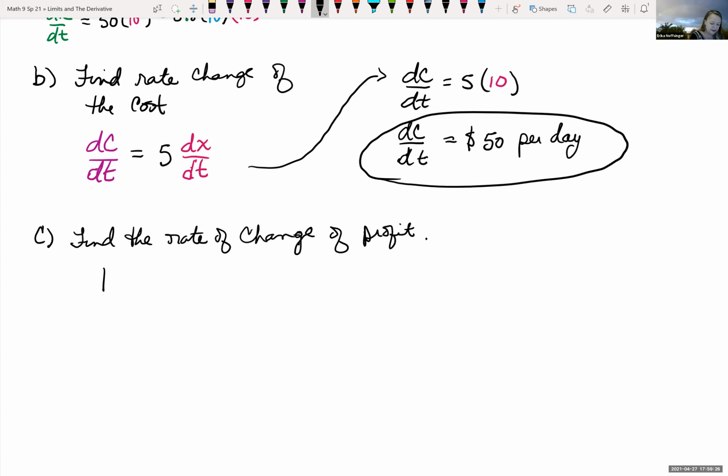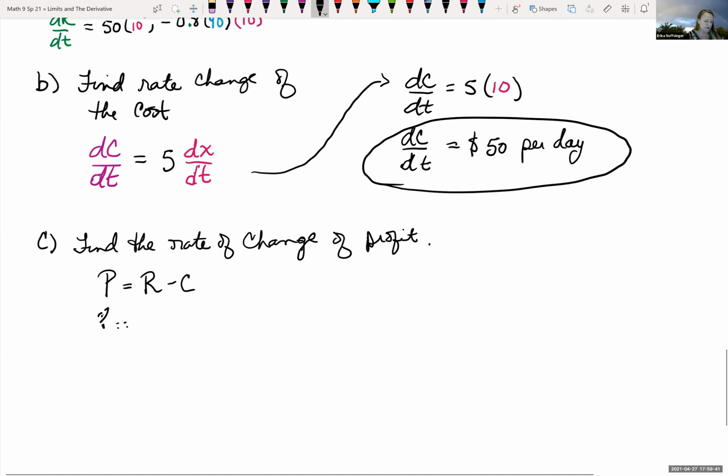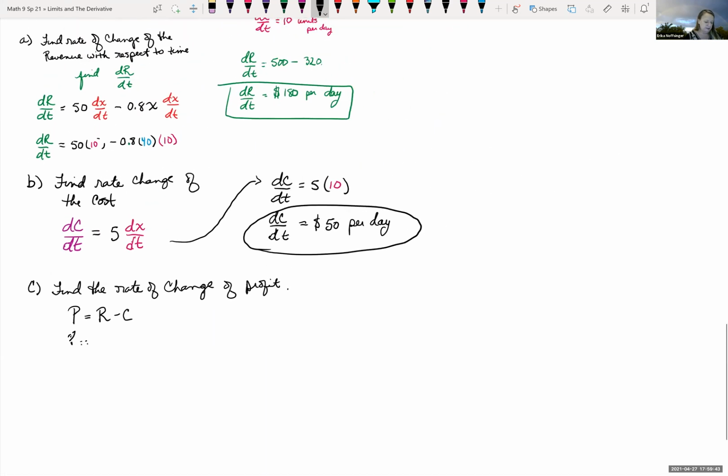Okay, well, profit is equal to our revenue function minus our cost function. So our profit function is equal to, you need to go up here and find it.